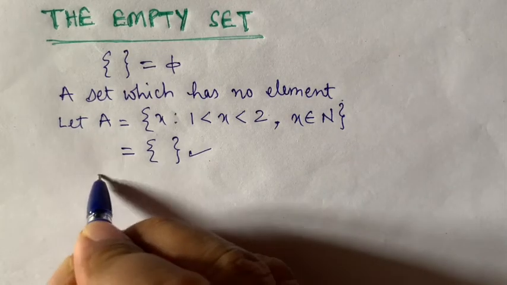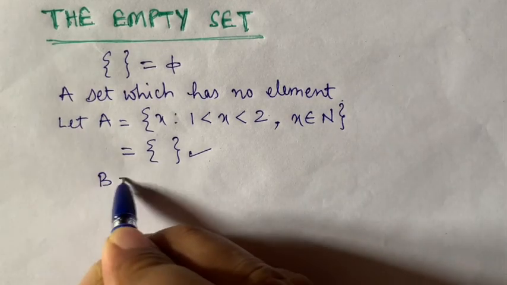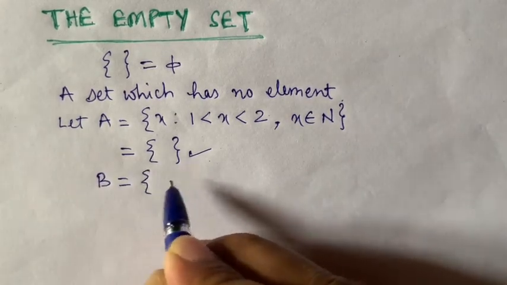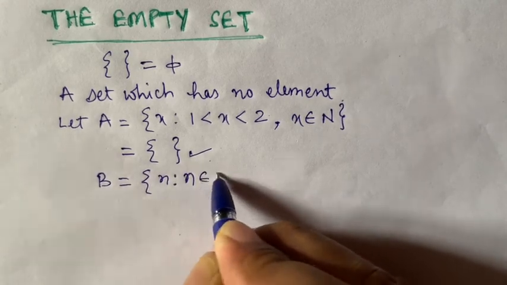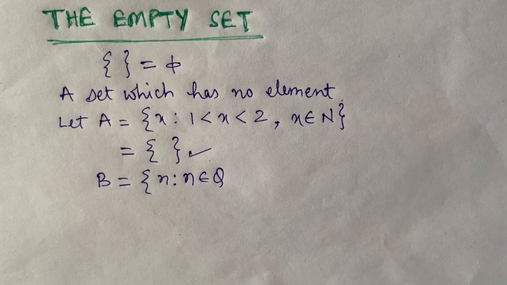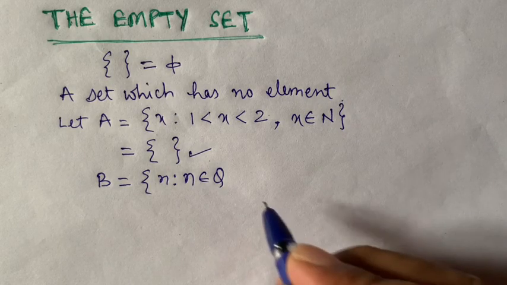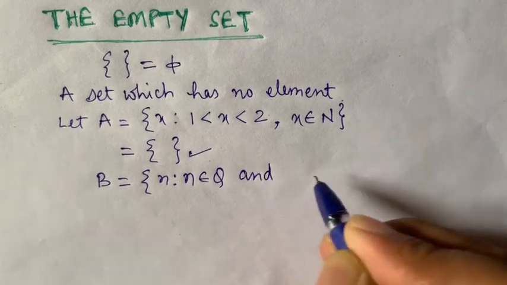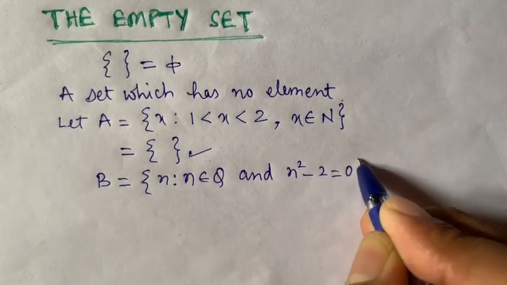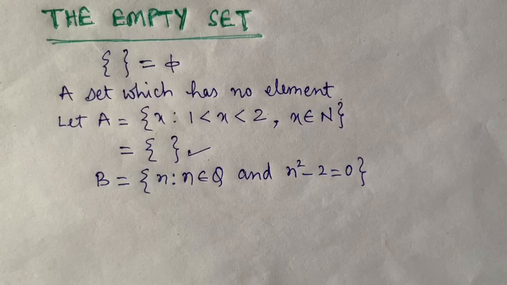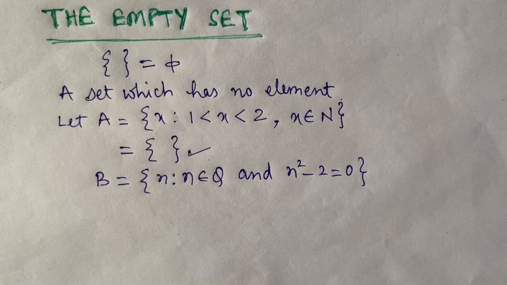Let us consider another set B which is defined as n such that n belongs to Q, Q being for rational numbers, and n square minus 2 is equal to 0. Now n square minus 2 is equal to 0 is an equation. When we solve it, we get n is equal to plus minus root 2.